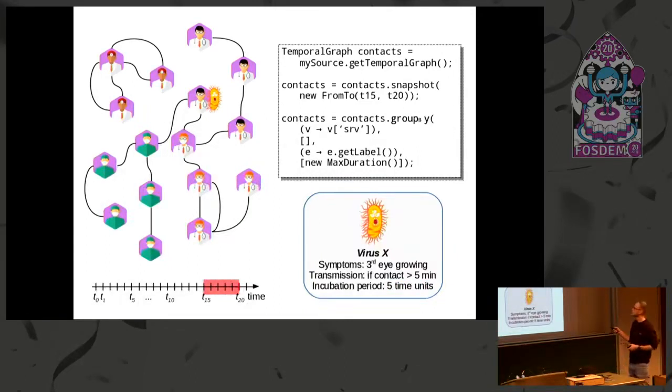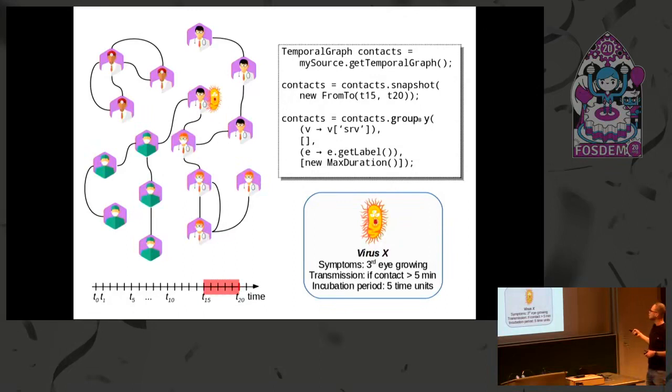As first argument, we need a specification of the criteria on which the vertices should be grouped. And we are selecting the service property of each vertex so that all employees working in a specific service are grouped together into a super node. As second argument, we can give aggregation functions for these vertices, so how these super vertices should be aggregated. We don't need anything for our use case here.